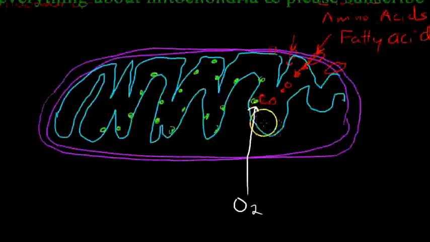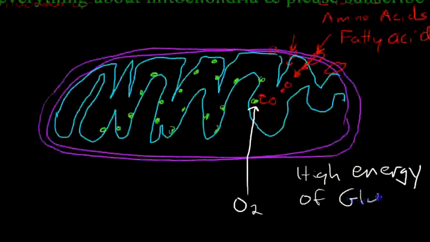And this reaction is going to break down the high energy bonds of the glucose and release the energy. This occurs in a series of reactions, actually, because it's going to keep going past enzymes.